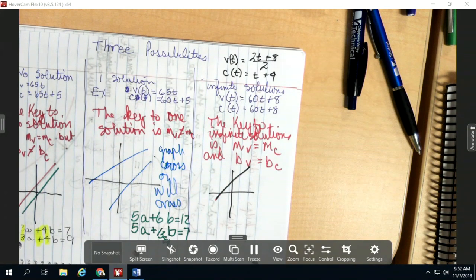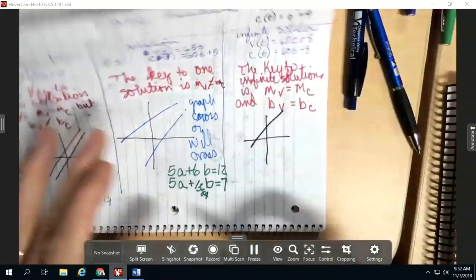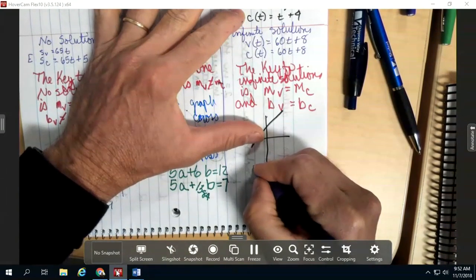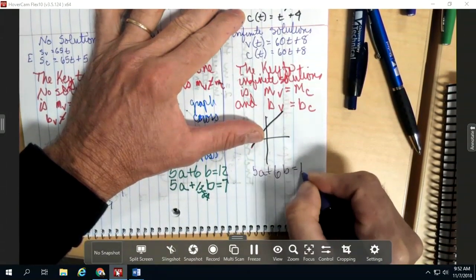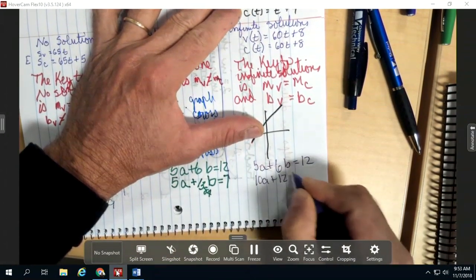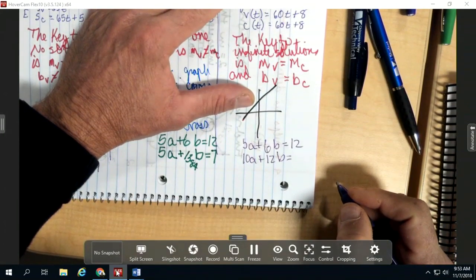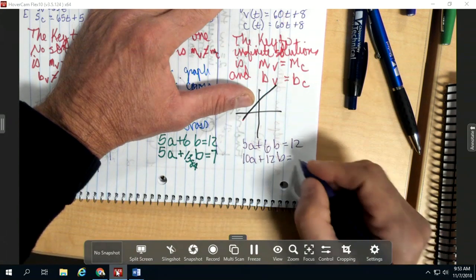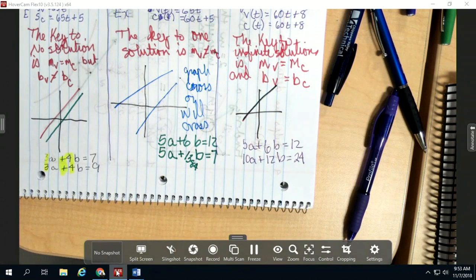They'll do that to you. Or in cases where they have them written in the standard form, they might say something like 5a plus 6b is 12, 10a plus 12b is 24.